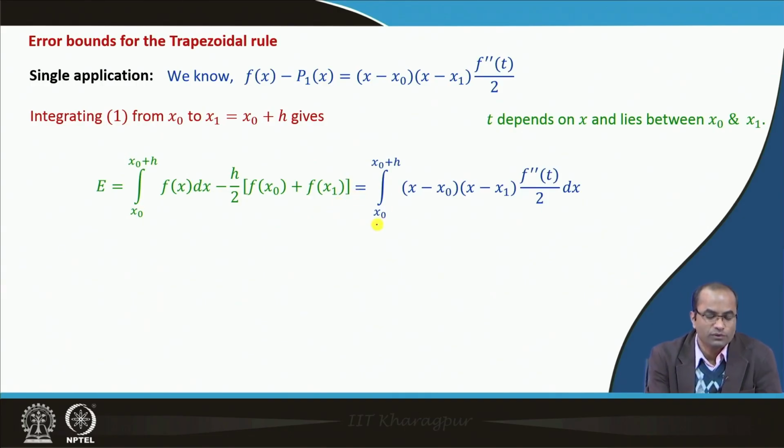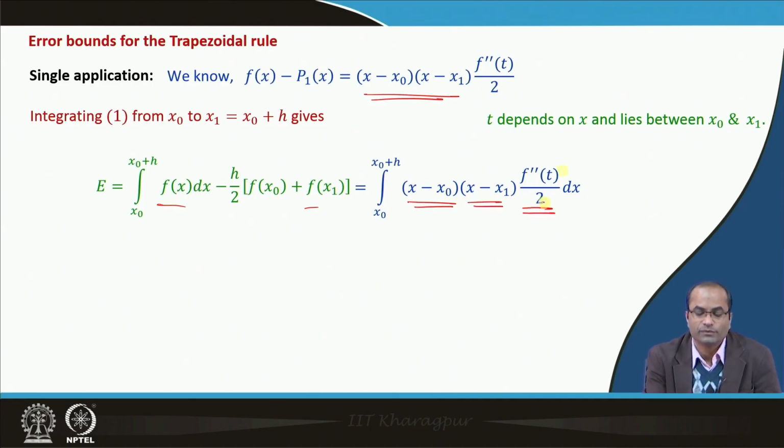So, this will be equal to the integral from x naught to x naught plus h, and then we can write using this result here that f x minus this p 1 x will be equal to x minus x naught, x minus x 1 and this f double prime t dx. Naturally, this t also depends on x, it is not free from x.